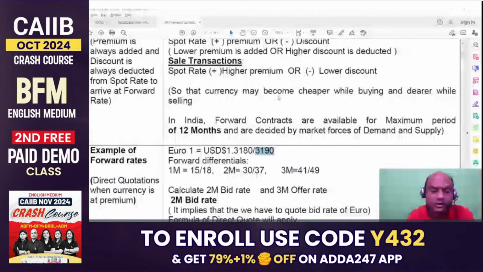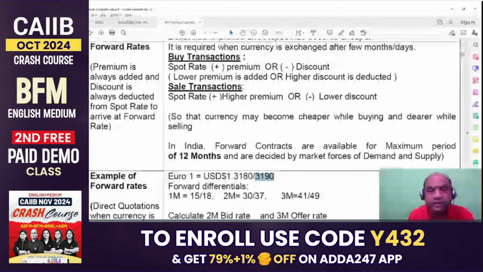Which rate should I use? 80. Very good. You will be using 1.3180 because you are using the buy rate for export.